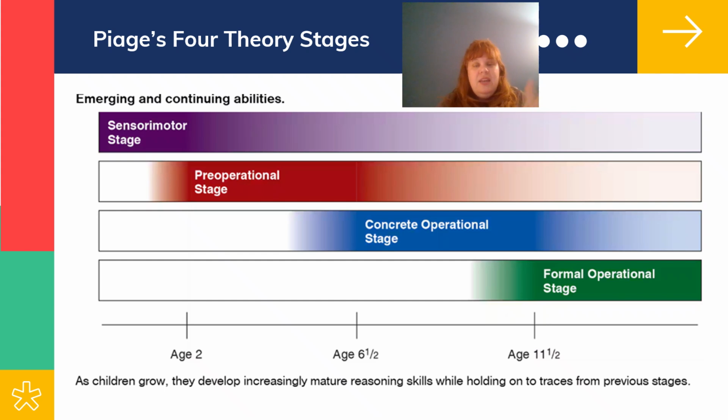You still have skills from some characteristics of the previous stage as you go on to the next stage. So it's kind of a gradual thing. So we're going to talk about what these different stages of thinking, these stages of cognitive development, look like.